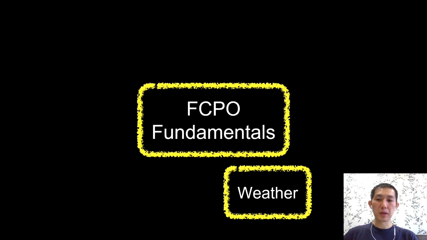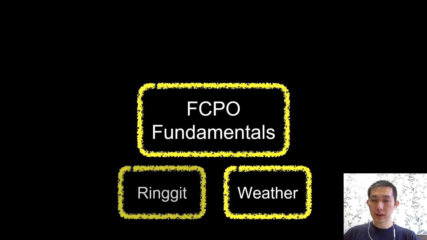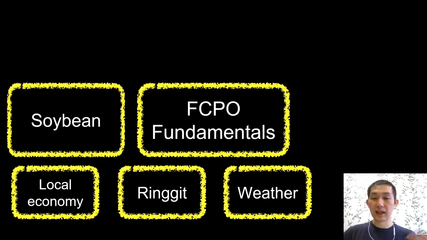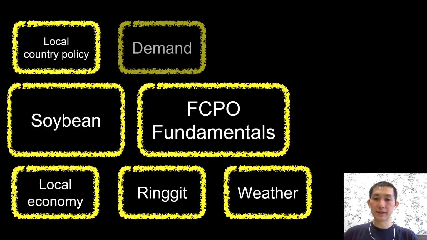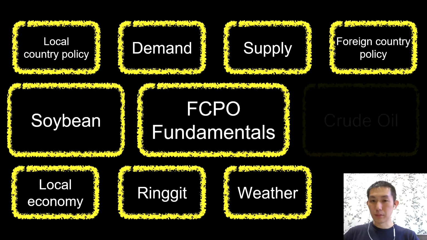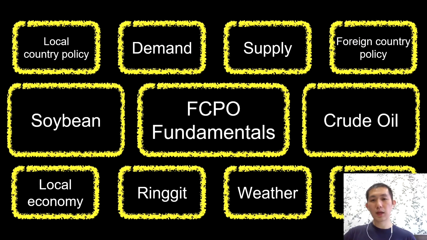For example, you may look at how weather would affect the FCPO production, whether the ringgit is strengthening or weakening, the local economy, how another competitive vegetable oil, which is soybean oil, affects FCPO, local country policy, demand and supply of the FCPO that directly affects the price movement, foreign country policy, crude oil, as well as any other factors that may affect the FCPO price movement.